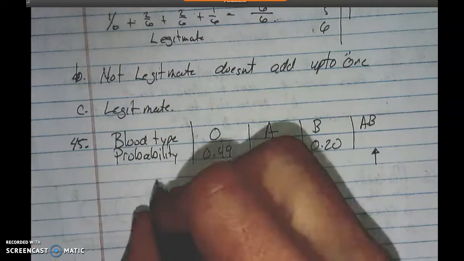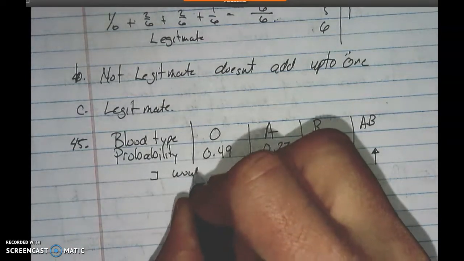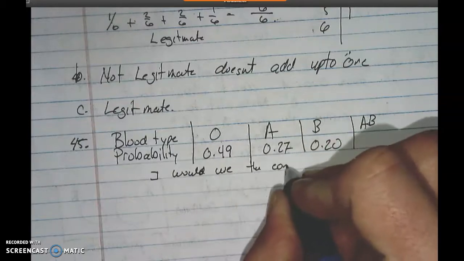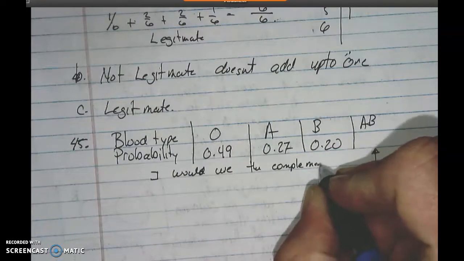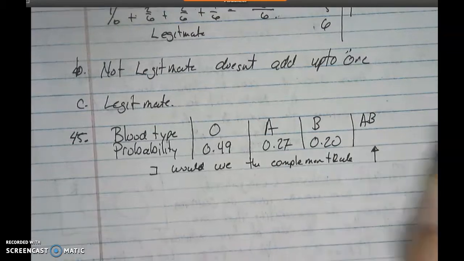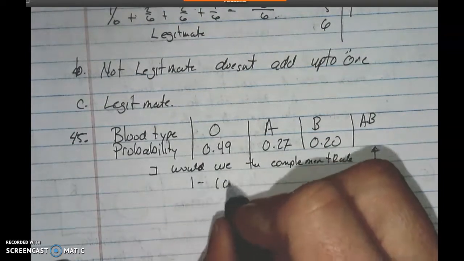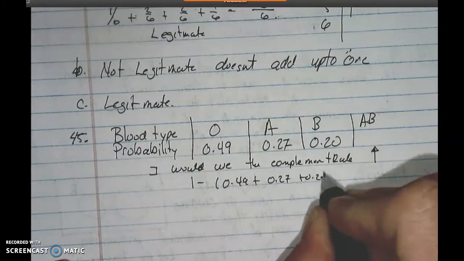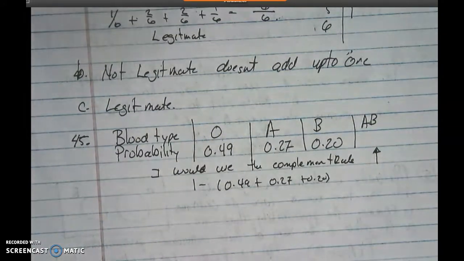So I would use the complement rule. And that's found by just doing what Zane said, but you've got to state what rule you're using. Okay. So you do that, and if you do it correctly, you should get the answer.